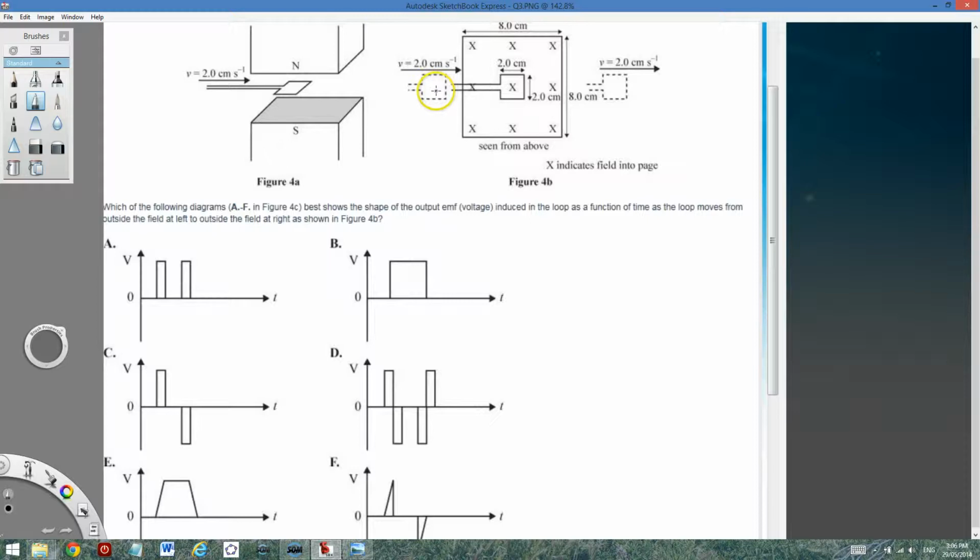Now, remember Faraday and Lenz's law. Initially, at this position here, there's no magnetic field inside the loop. The wire is happy about this. Once it goes into the magnetic field, the wire is not happy anymore because there is a magnetic field going into the page inside that wire.